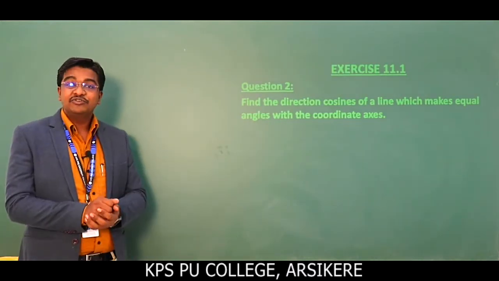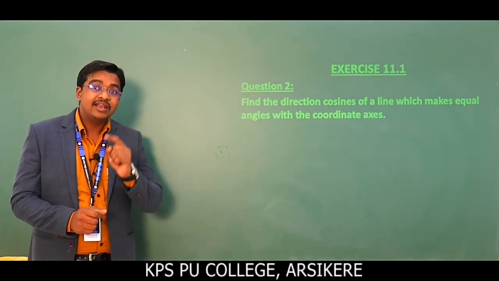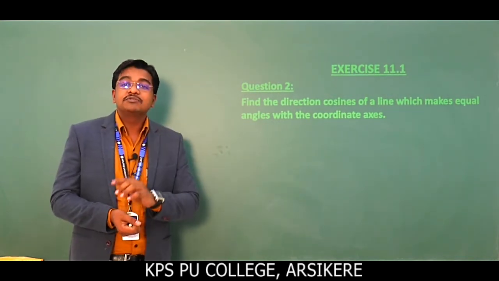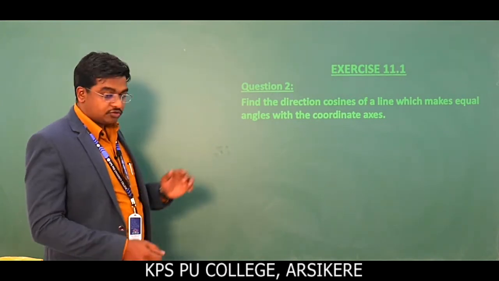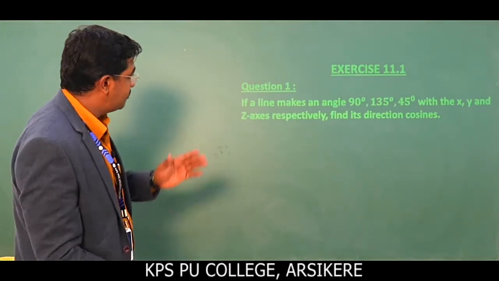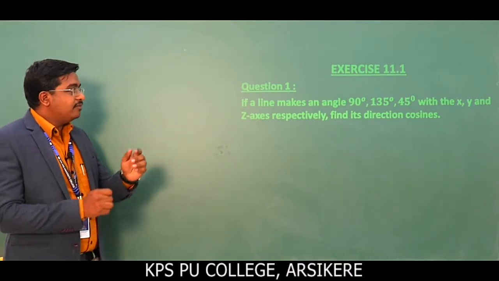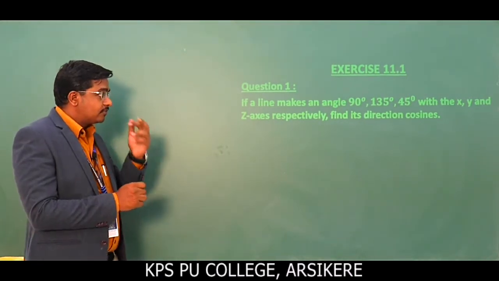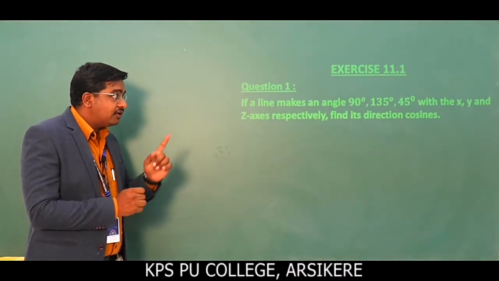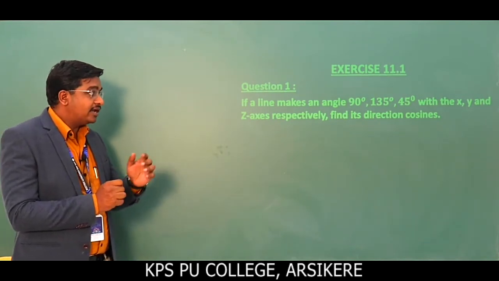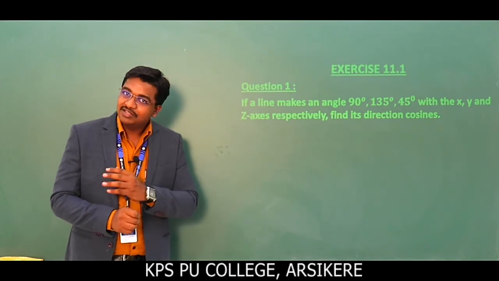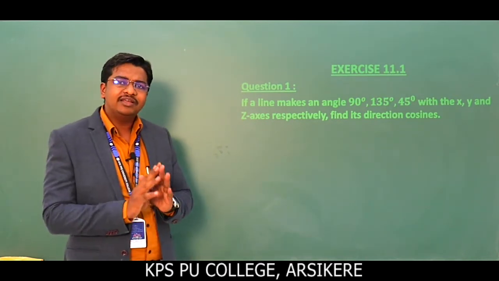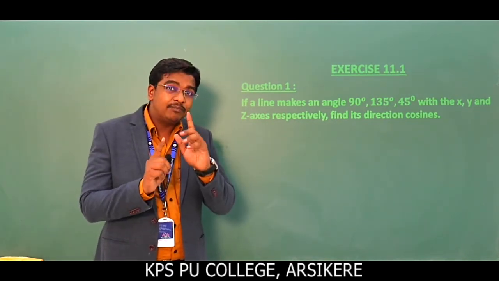Now dear children, we are moving to exercise 11.1. Here the problems are very important for 1 mark. So first question, sorry, this is the second question. If a line makes angles 90 degrees, 135 degrees, 45 degrees with the x, y and z axes respectively, find its direction cosines. This problem is very important because they have already given the direction angles made by the line.